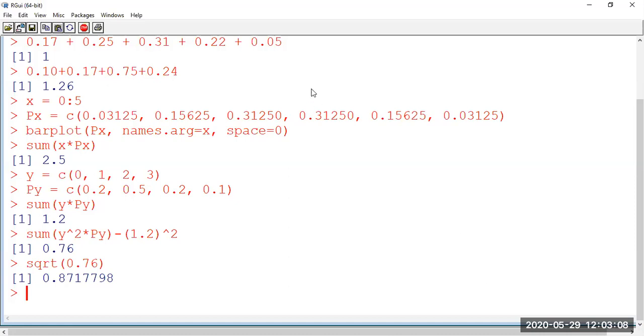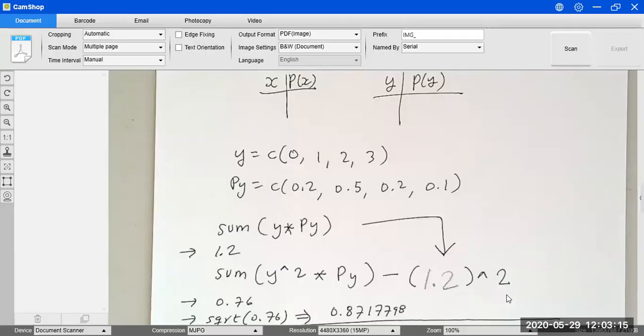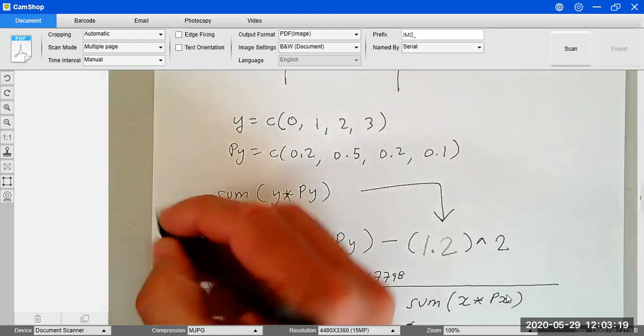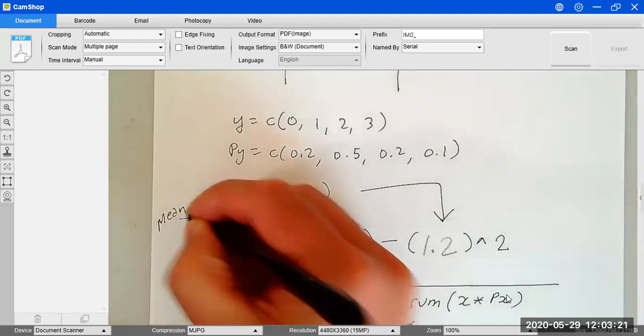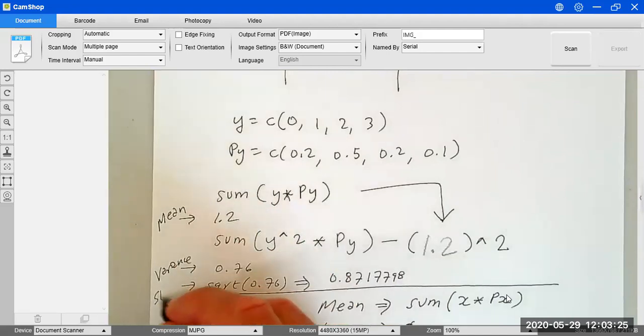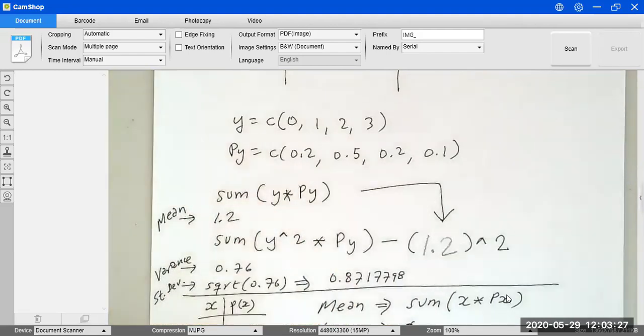I'm just going to show you the values I just collected from the display. So this is the mean, this is the variance, and this is the standard deviation.